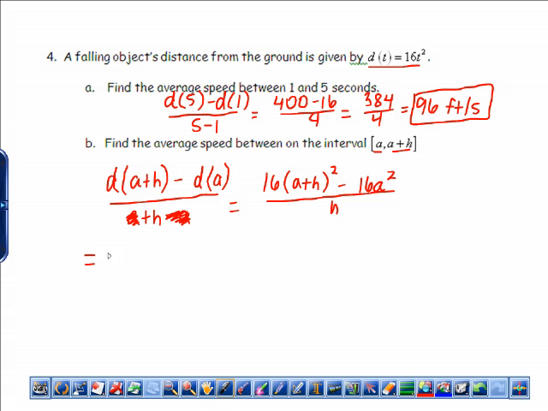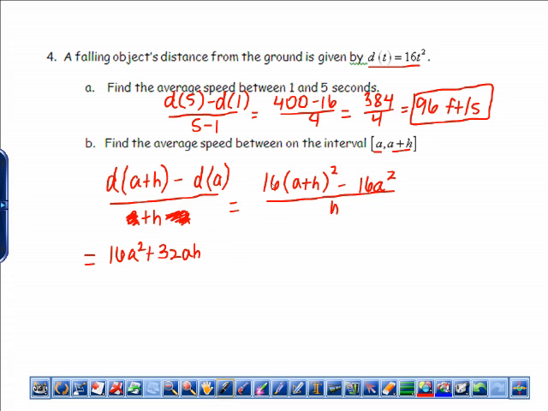Alright, let's bring this down to the next line. I need to FOIL a plus h and multiply by 16, so I'm going to have 16a squared. I'm going to have an ah and another ah. It's going to make 2ah times 16 is going to be 32ah. Now you take as many steps as you need to get to this point.